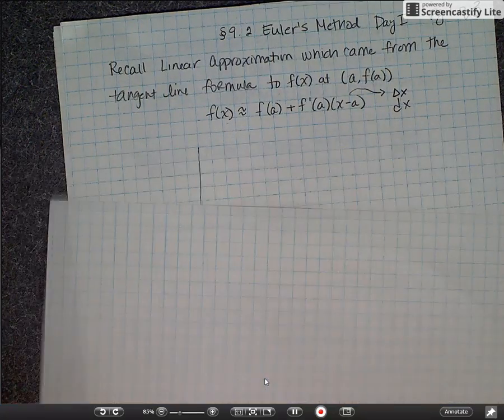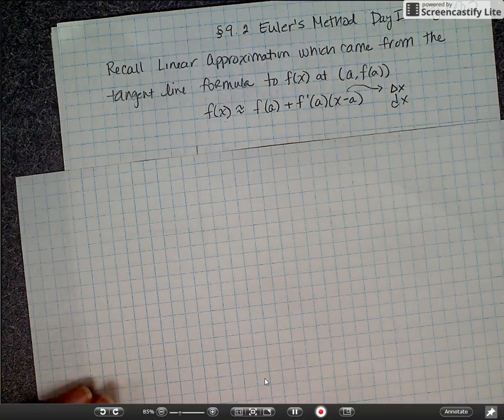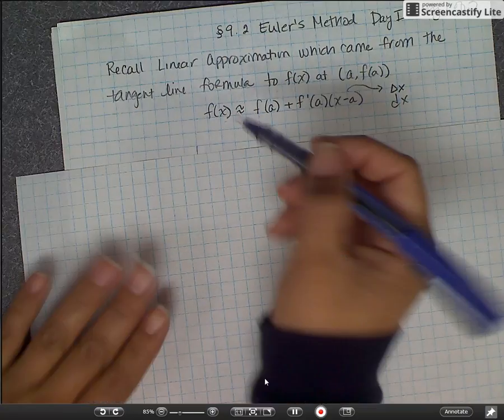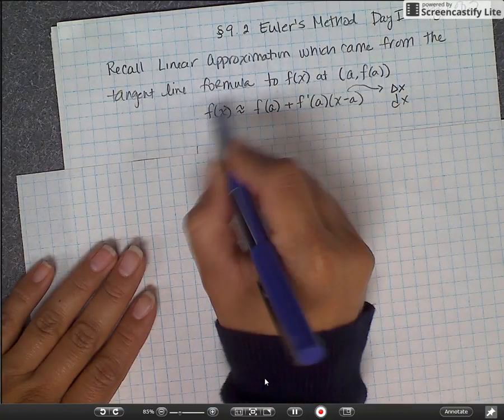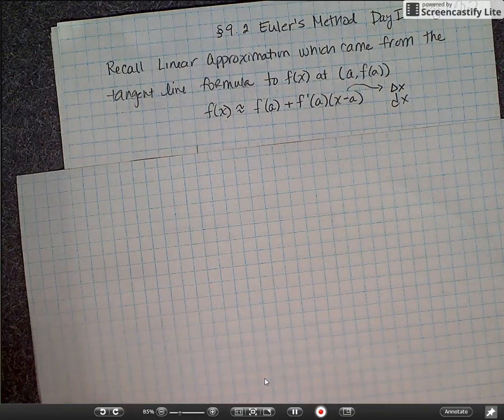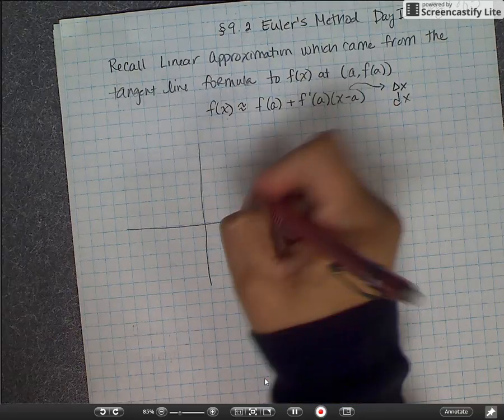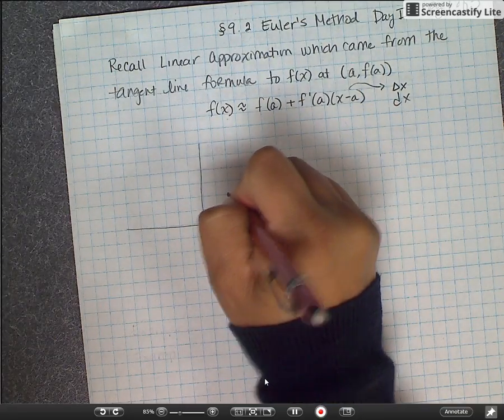Okay, so we are going to change this to Euler's method by relating it to this. First, let's talk about how this is going to be used. Let's say you have a point, a, f of a. We're going to say it's right here.